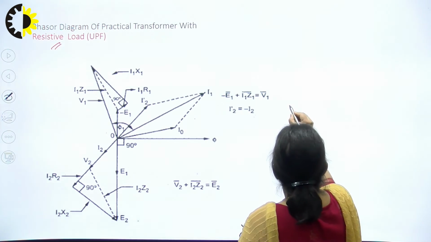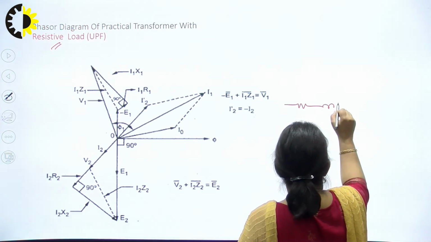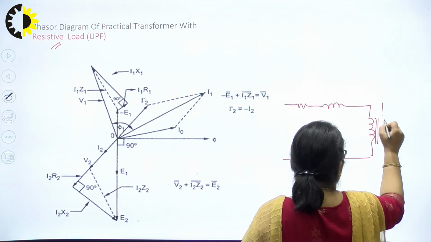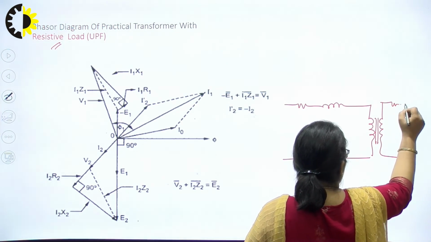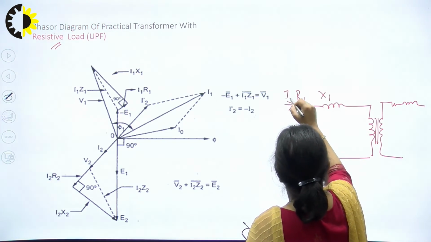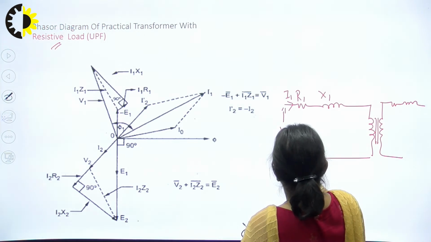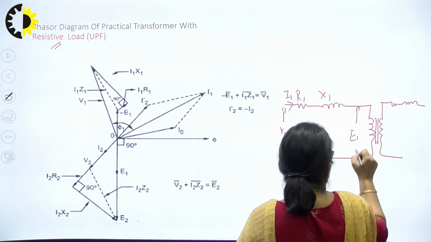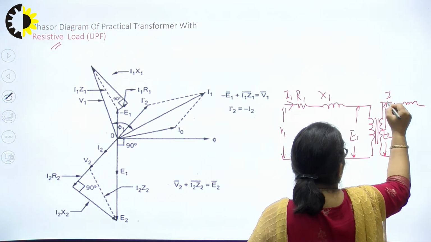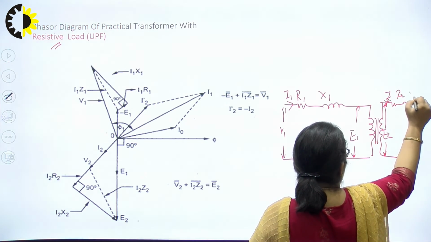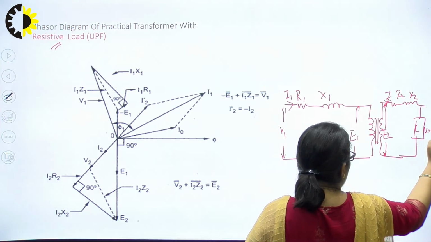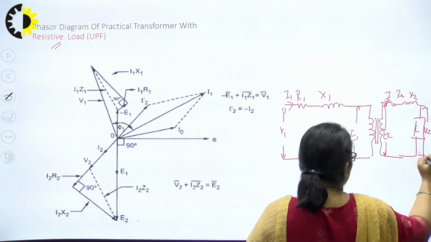So this is R1, X1, the input current I1, voltage V1, E1 is the induced EMF, E2 is the secondary induced EMF, I2, R2, X2, the load being connected, and V2 is the terminal voltage.